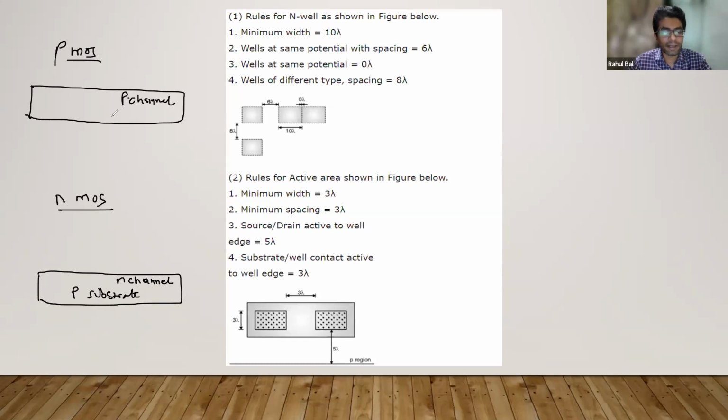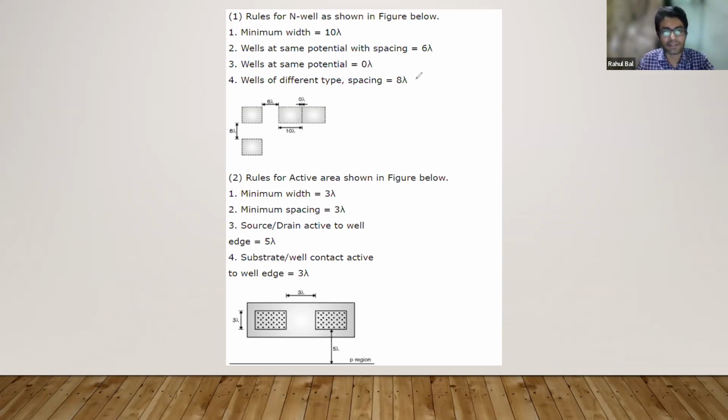So instead of calling it N substrate, we call it N well. Okay, N well. That is the meaning of well. So we create a substrate-like thing around this P channel, and that is nothing but the N well. That is the meaning of N well here.